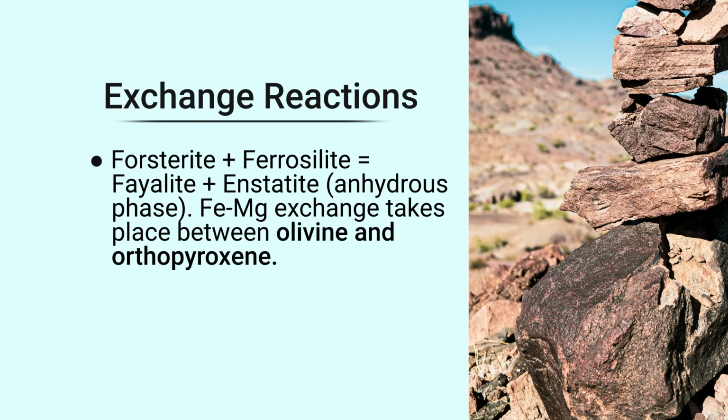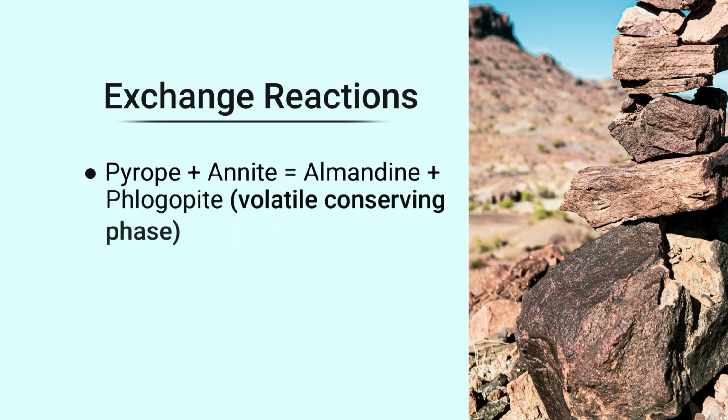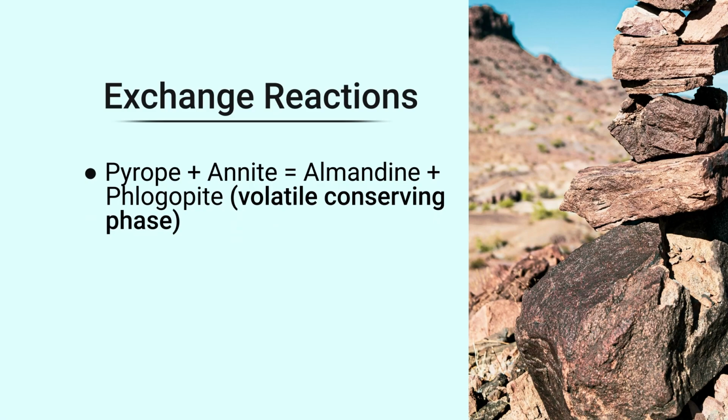Forsterite plus ferrosilite will give fayalite plus enstatite. Now, this is an anhydrous phase, and here Fe-Mg exchange takes place between olivine and orthopyroxene. The other example is pyrope plus annite will give almandine plus phlogopite. Again, this is a volatile conserving phase.